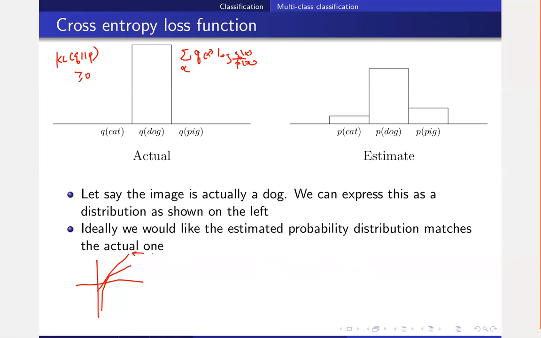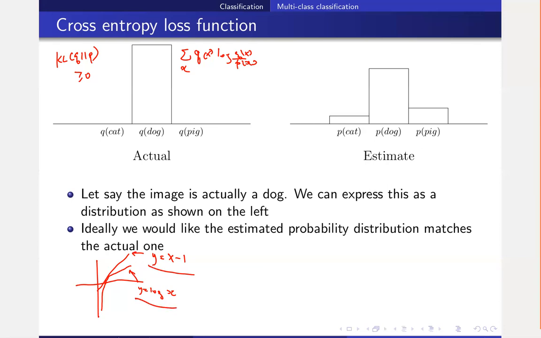So this one is y equal to x minus 1, and this is y equal to log x. Note that the line y equal to x minus 1 is always on top of log x. It's very easy to verify.